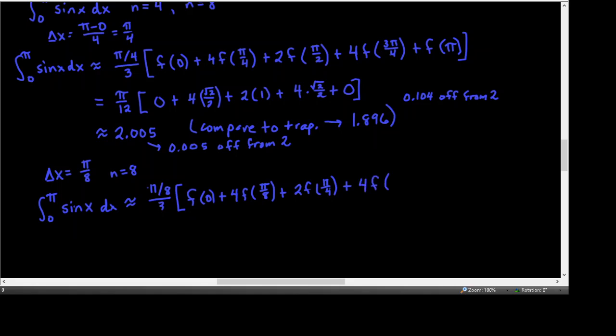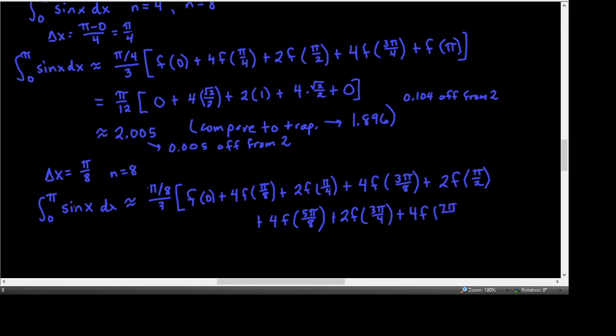plus 4 f of 3 pi over 8 plus 2 f of pi over 2 plus 4 f of 5 pi over 8 plus 2 f of 3 pi over 4 plus 4 f of 7 pi over 8 plus a single f of pi.